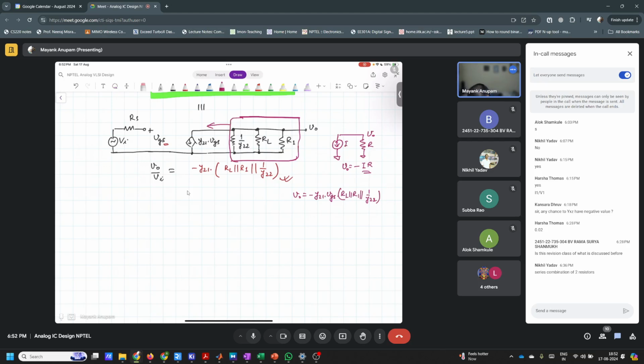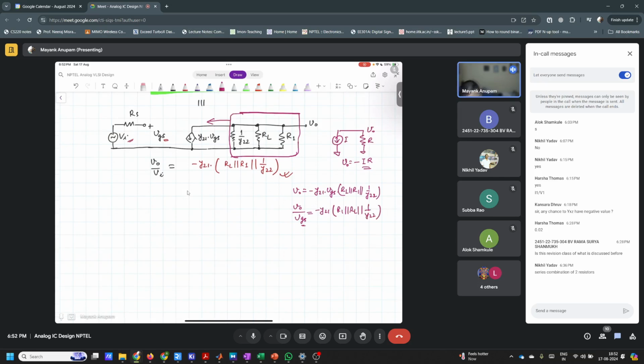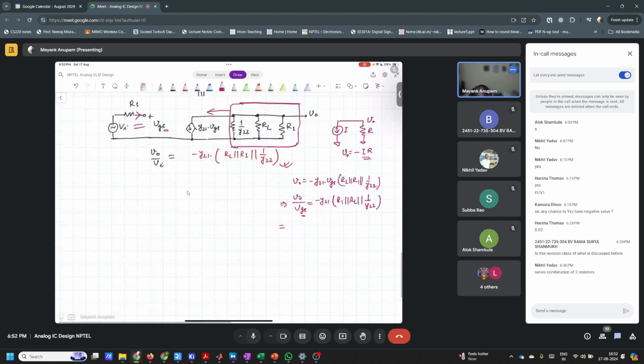We already know that VO over VGS is equal to minus Y21 times R1 parallel RL parallel 1 over Y22, and what is the relationship between VGS and VI? They are the same, correct? Since there is no current flowing in this branch, VGS and VI both have to be the same, isn't it? So this is the same as VO over VI.